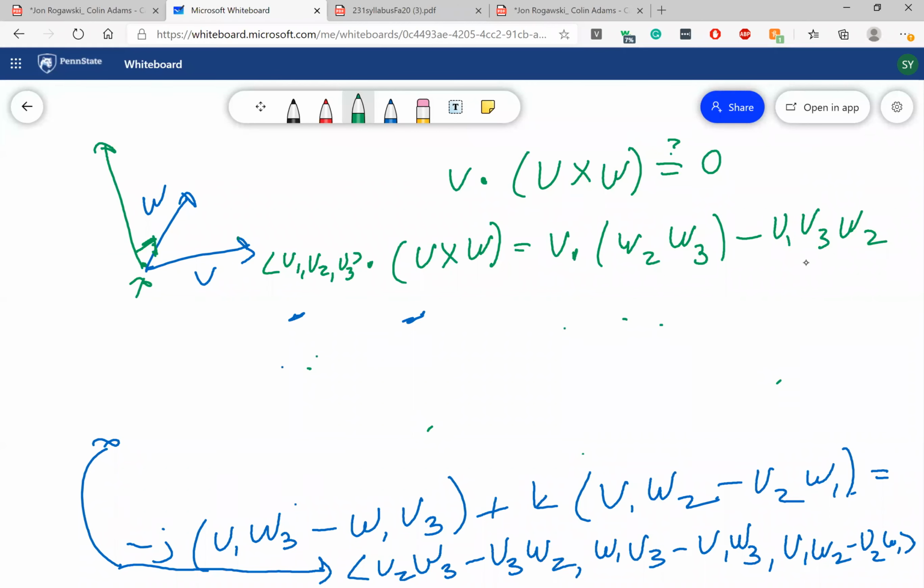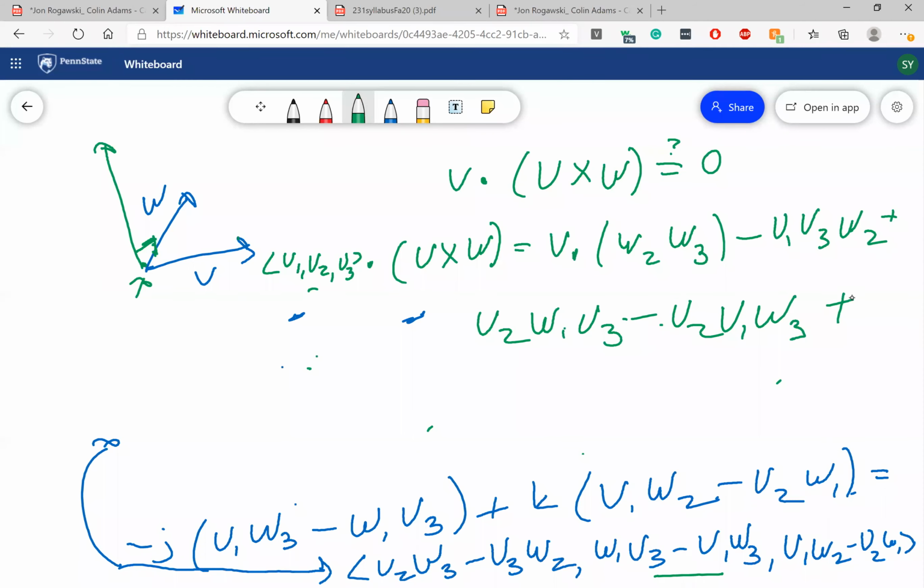Okay, and now plus, and now we're going to have the v2 times this component. So it's going to be plus v2 times the component w1, v3, minus v2 times v1, w3.